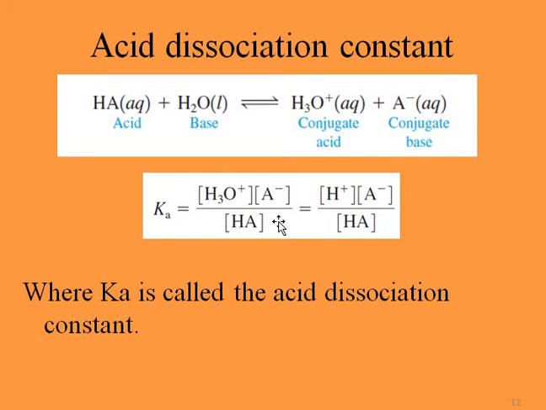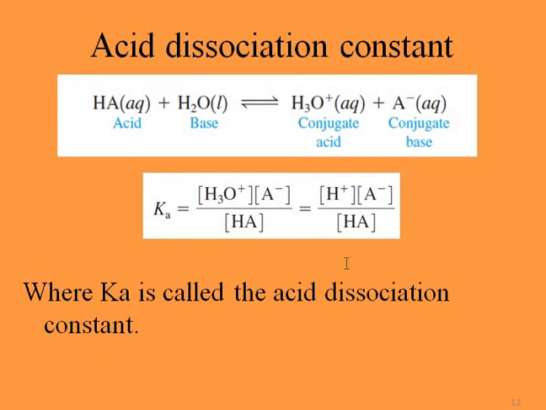So the concentration of products divided by the concentration of reactants. So Ka, the acid dissociation constant, is going to be H3O plus times A minus divided by HA. Or you can also write it this way, showing only the proton, where Ka is called the acid dissociation constant.